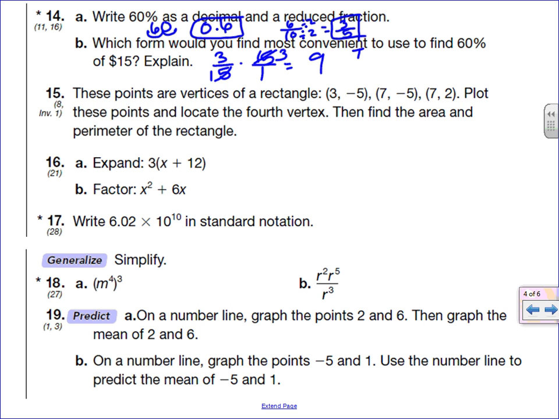So I'd use the fraction because it is easy to compute 15 divided by 5 times 3 mentally.